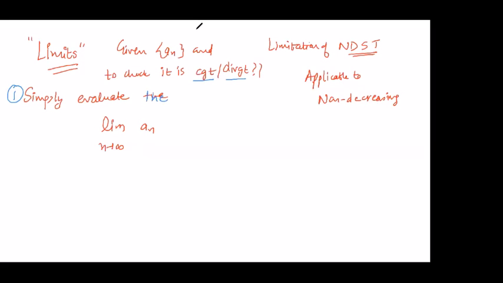You simply evaluate this limit n tending to infinity a_n, where whatever general term a_n is given will be substituted. And then what are the possibilities for this limit? What are the values this limit can take?